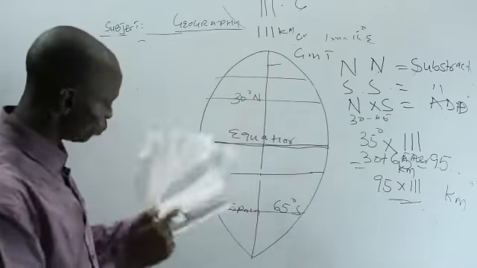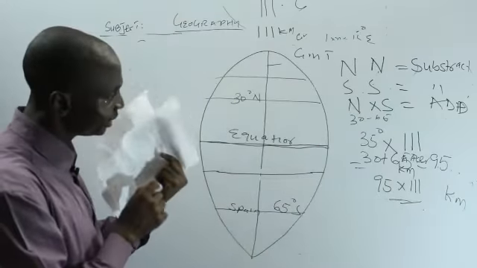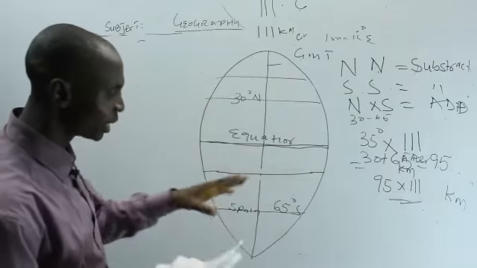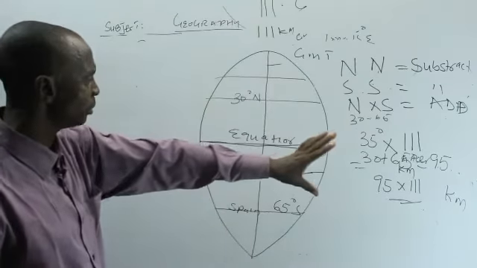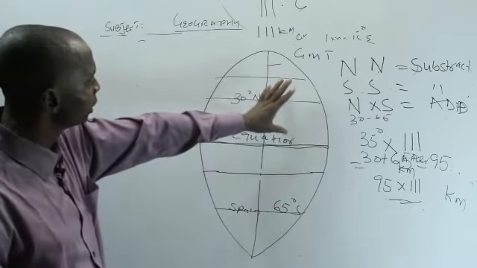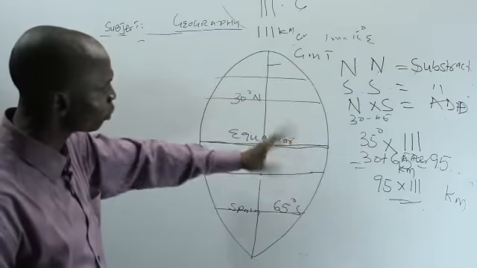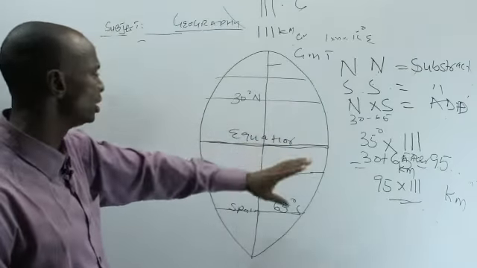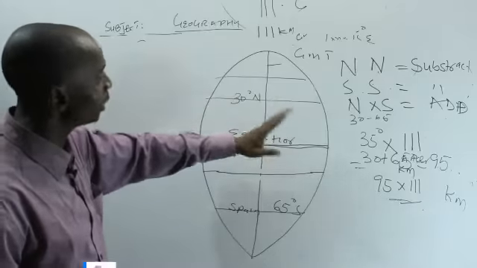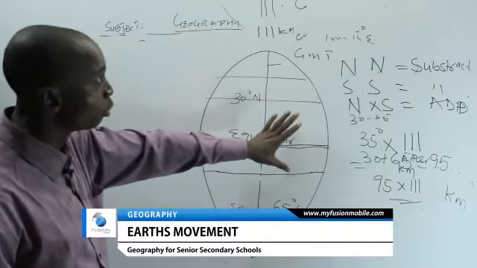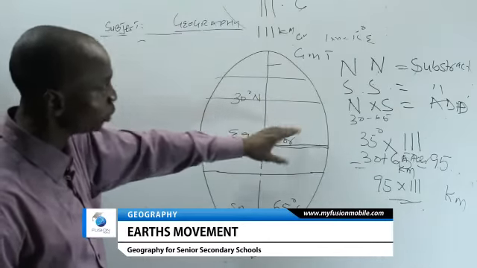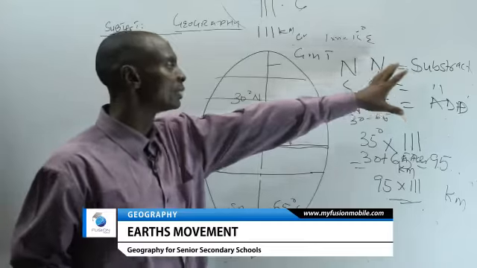So what we have achieved here is this. If you are given a calculation using latitude to calculate the distance between 2 points, or 2 countries, or 2 villages, or 2 features on the globe, you should know this.